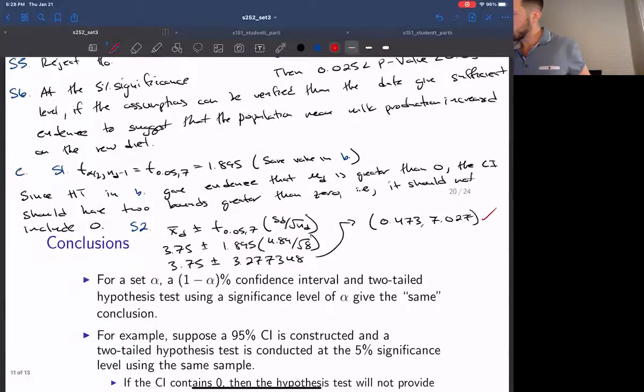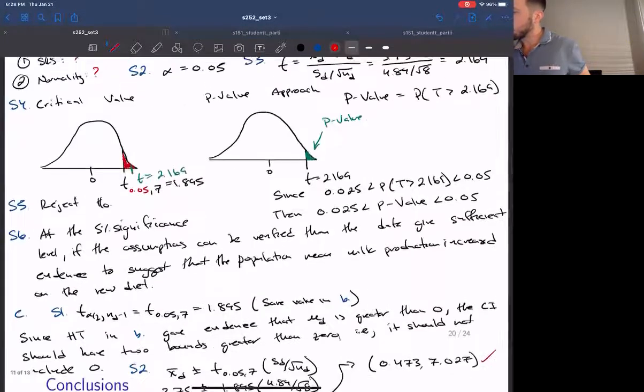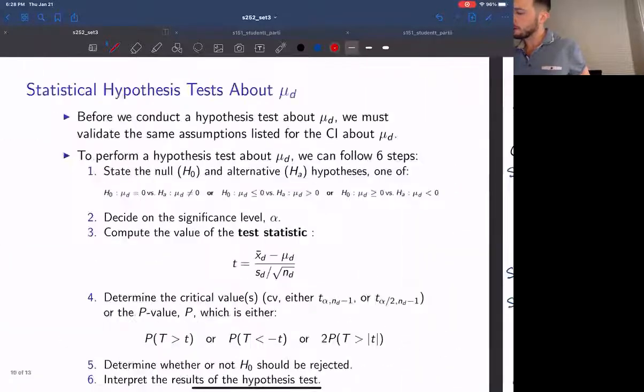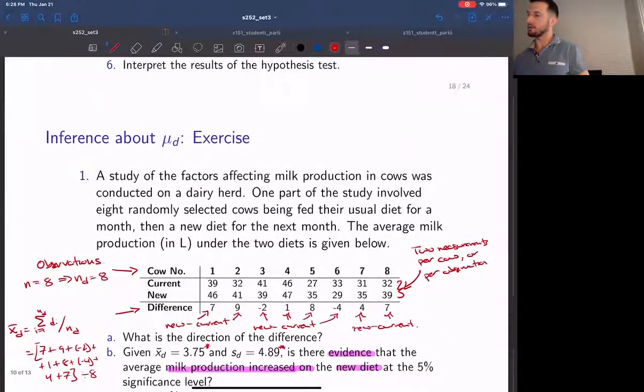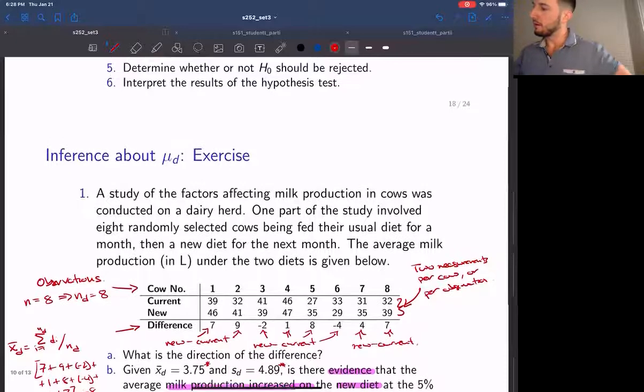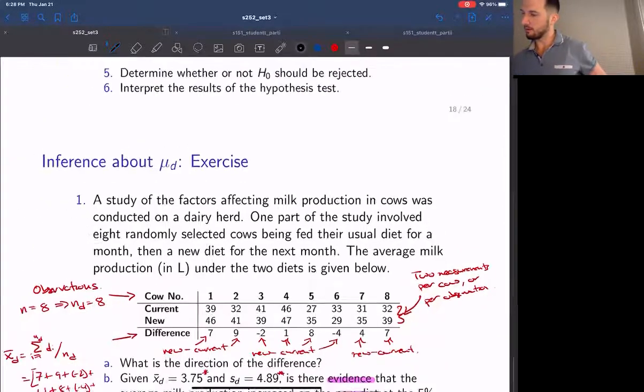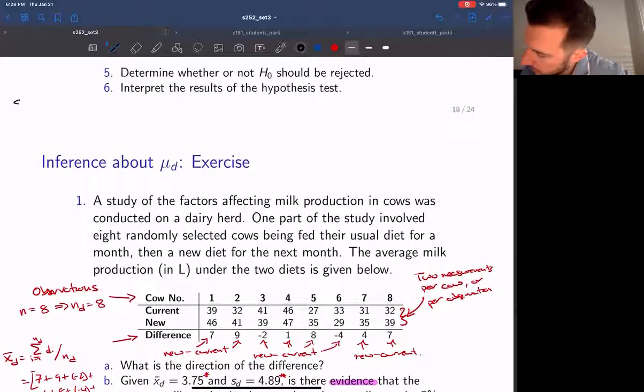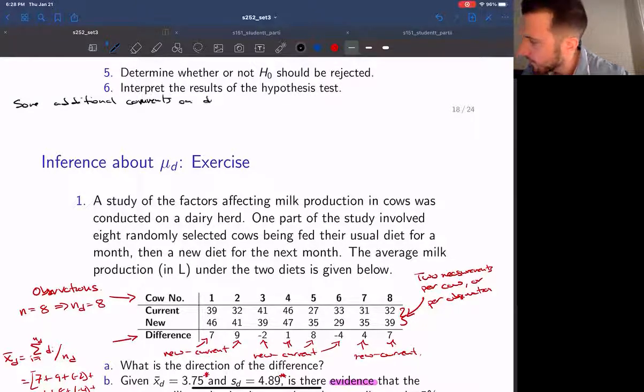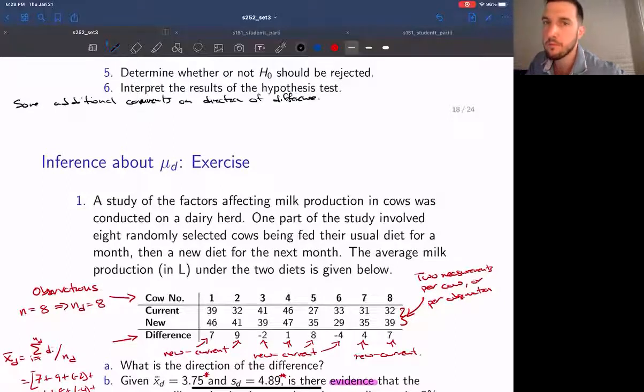Okay, now I don't have much space, but let's go back just to look at this direction of the difference idea one more time. So some additional comments on direction of difference.